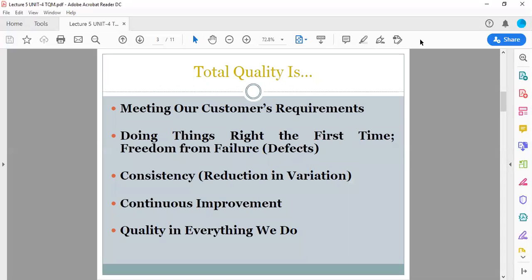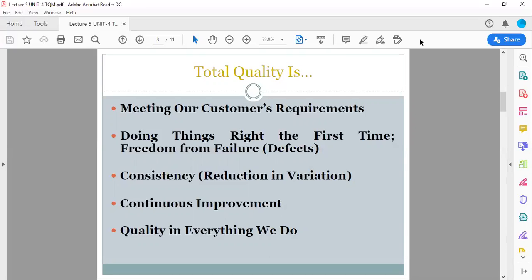Okay. Now, what is total quality? Total quality is meeting our customer requirement. We have to stick to the customer requirement. What the customer wants, we have to produce that thing only. And how do we have to produce? We have to produce it right the first time.